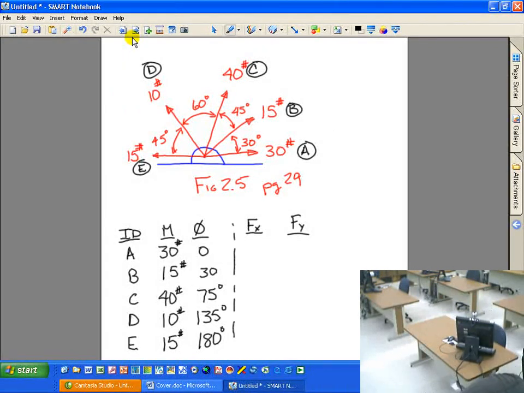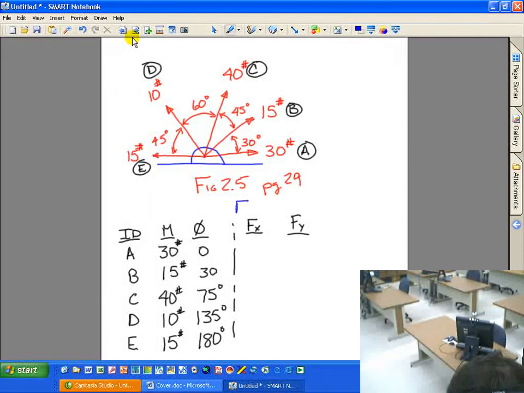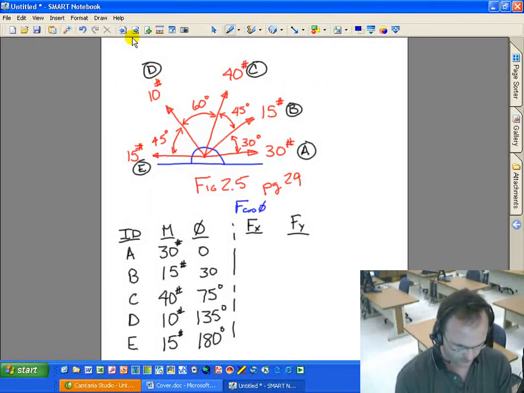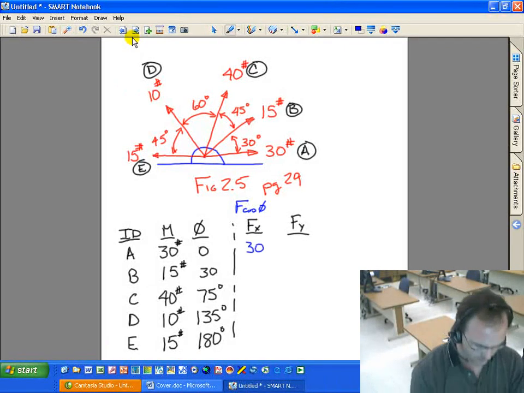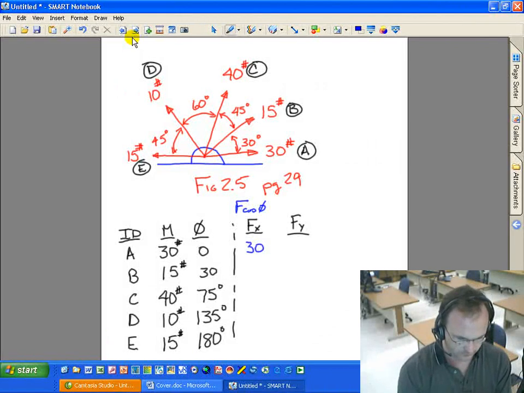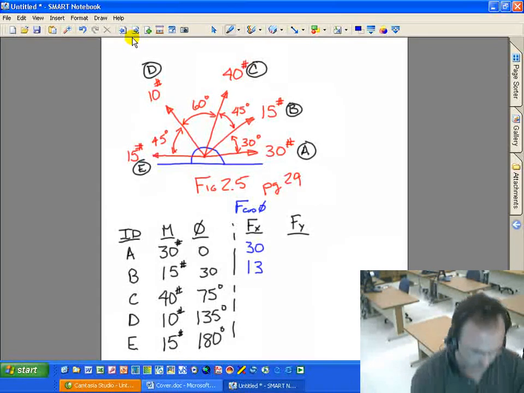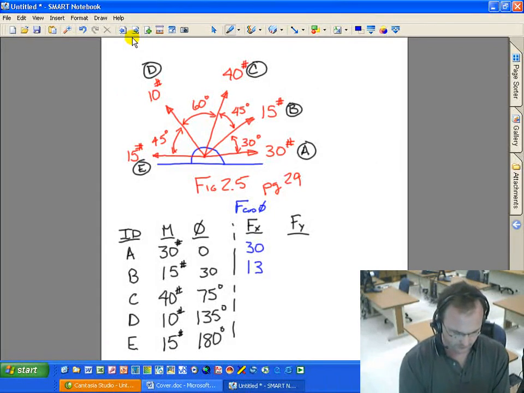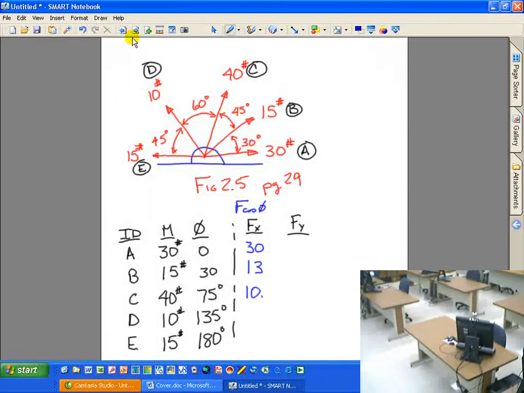Then we can calculate the Fx and the Fy components. So Fx, we know it's F cosine phi. So 30 times 0 cosine gives me 30. 15 times 30 cosine gives me 13. 40 times 75 cosine gives me 10.3, 10.4.